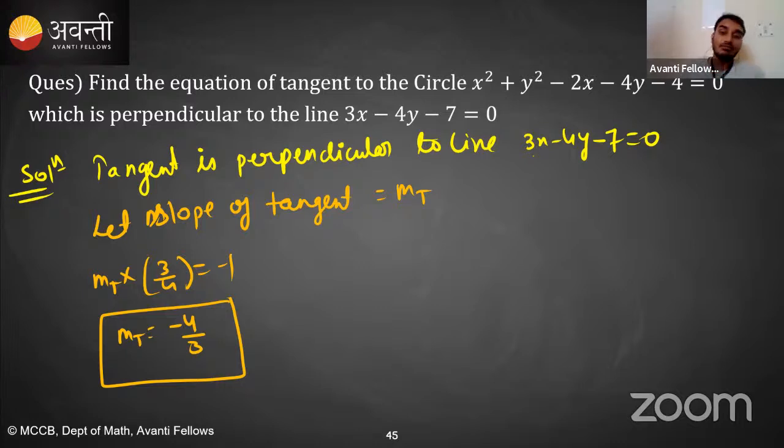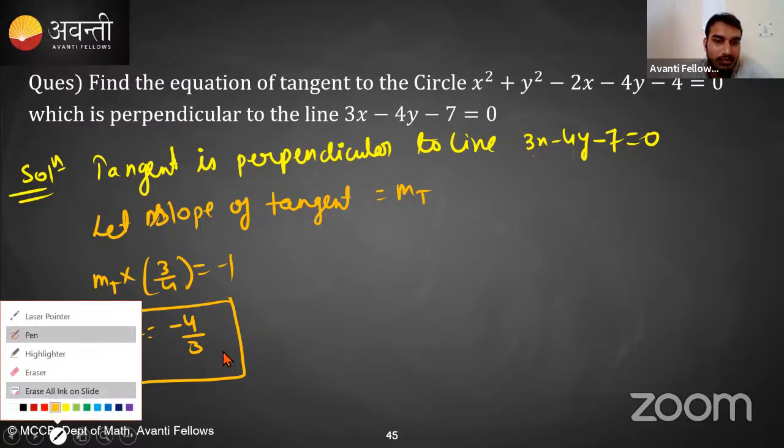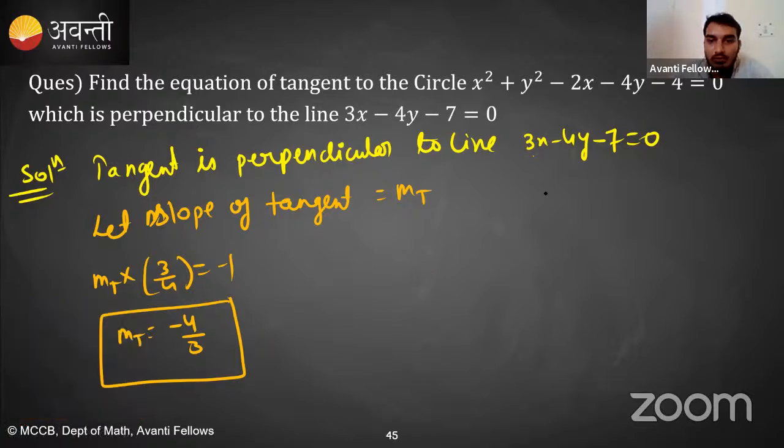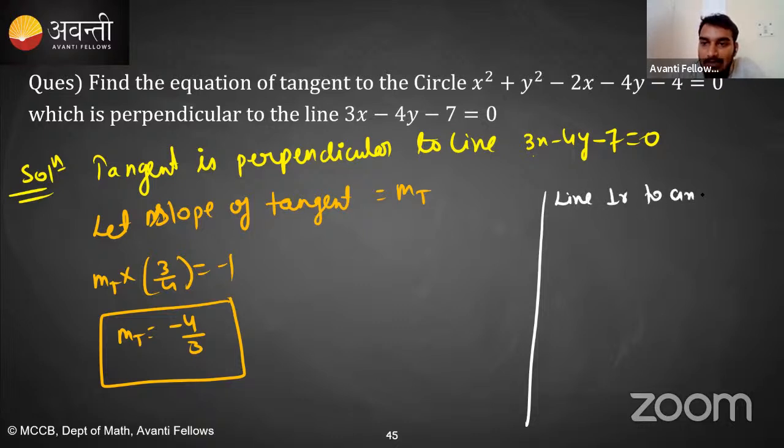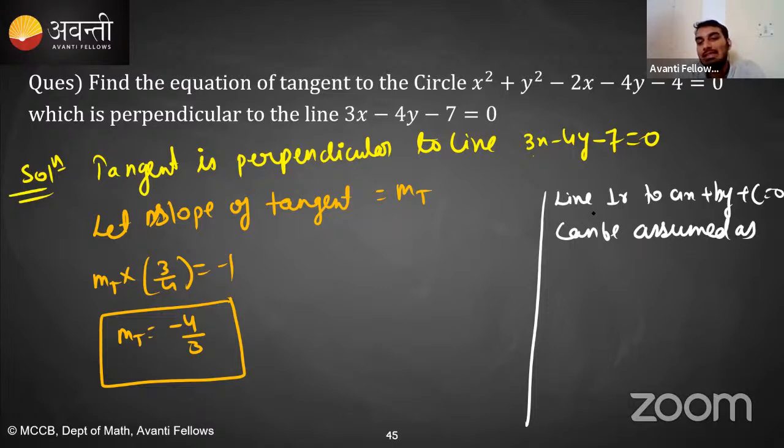Is this clear? So students, if you remember in the straight line chapter, I told you, a line perpendicular to ax plus by plus c equal to 0 can be assumed as follows. If this line is perpendicular, the required slope should be the negative reciprocal. So what is the slope of this line?